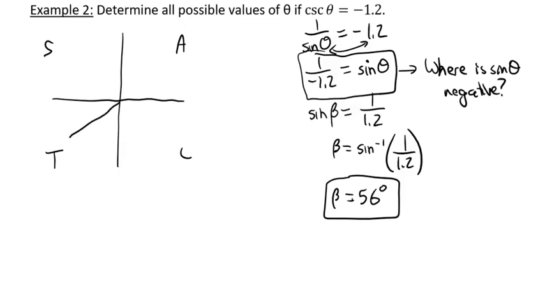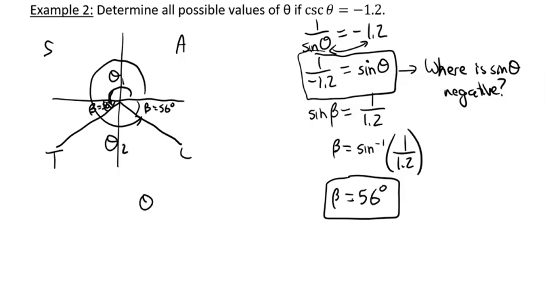So that means it's negative in quadrants 3 and 4. And so I'm going to draw my related acute angle beta in both of these spots. So this could be 56 degrees here and 56 degrees over here. And then I'm going to calculate my principal angle, and there's two possible answers. So this is theta 1, and then theta 2 will be all the way around to there.